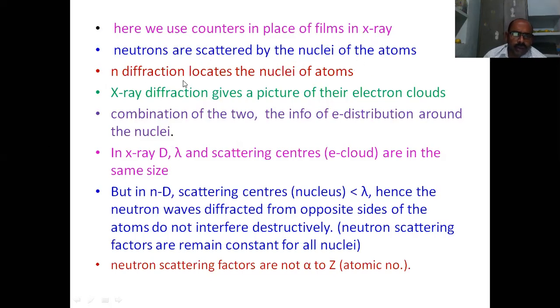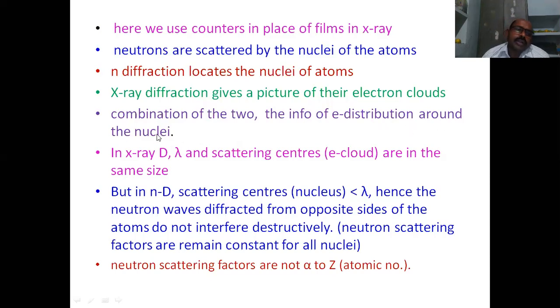So neutron diffraction locates the nuclei of atoms, while X-ray diffraction gives a picture of their electron clouds. The combination of the two techniques gives information about the electron distribution around the nuclei.